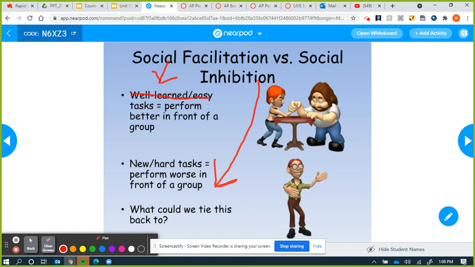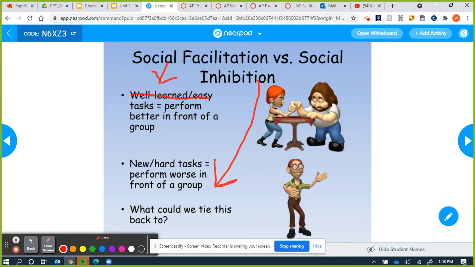Now, is there anything we can tie this back to? The idea that our performance is related to our stress level. Anybody remember what that's called? Yep, it's optimal arousal theory.